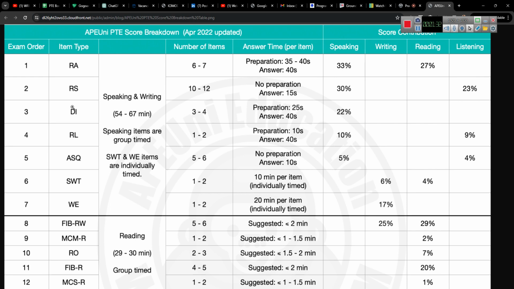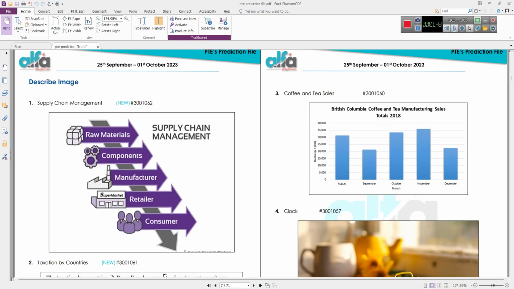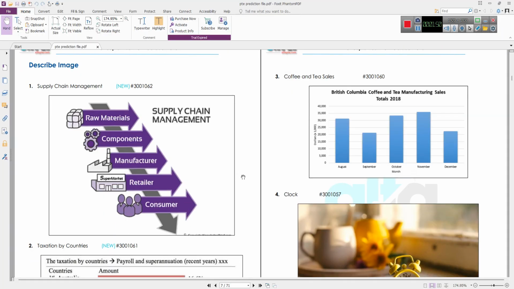So all the marks that you get from the describe image totally goes to the speaking section. So if you guys are having trouble or difficulties in getting a good score in the speaking category of your PTE scores, then describe image might be something you could improve on. Anyways, so let's look at the first question over here.